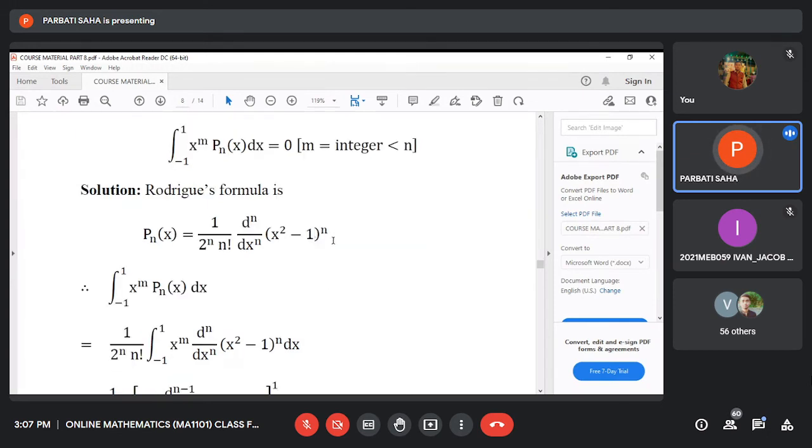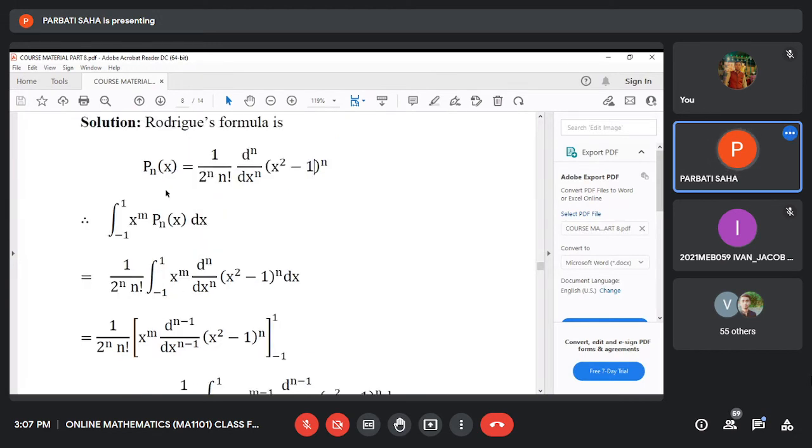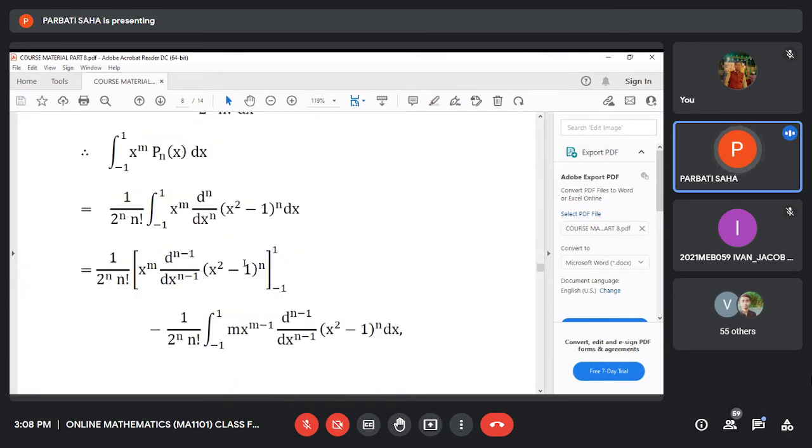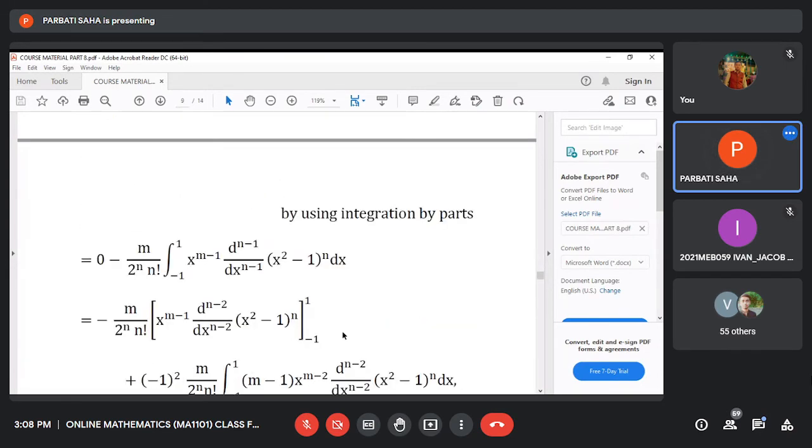Rodrigues formula is given by this, and now you have to integrate from minus 1 to plus 1 x to the power m P_n(x). Now P_n(x) is replaced by this here, and now you can use integration by parts.